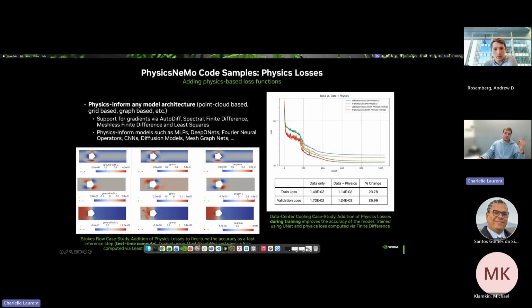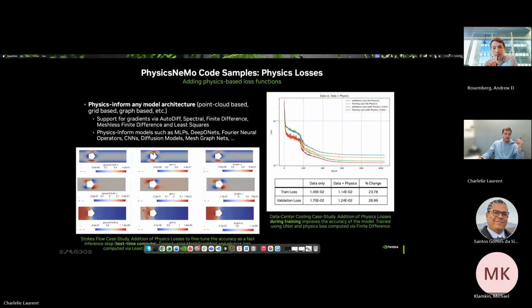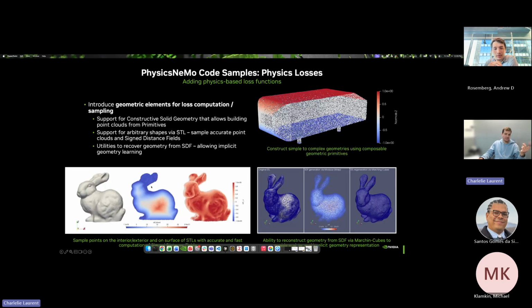So you can sample the points where you compute the loss based on the signed distance function, right? When the signed distance function is small, so when you are closer to your surface, you'll put more points, and it's going to result in more weight in the loss for the regions close to the surface. Does it make sense?